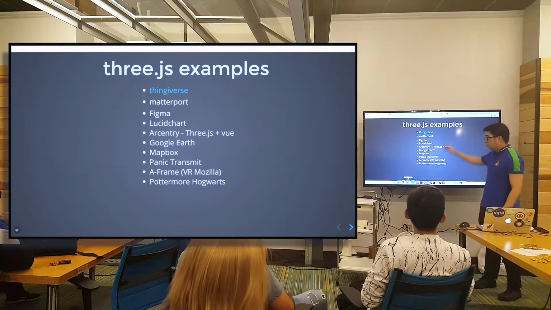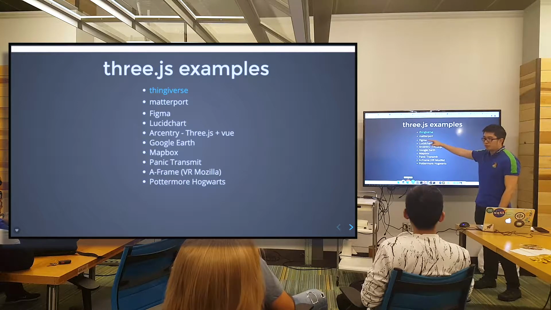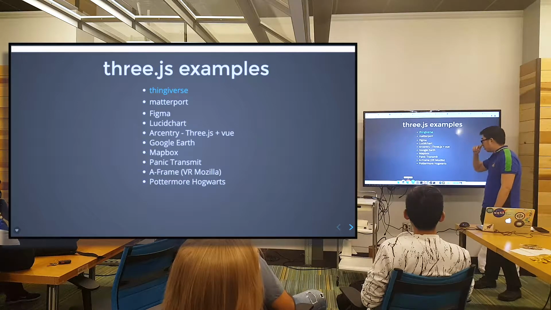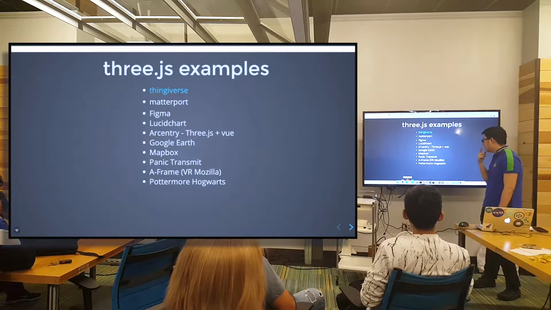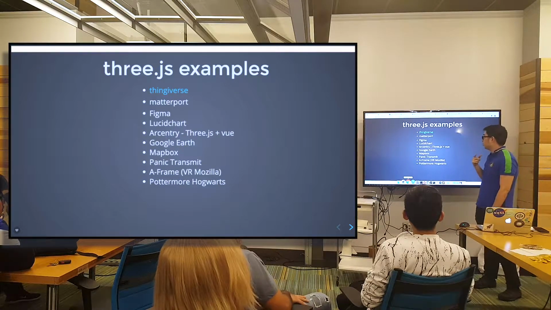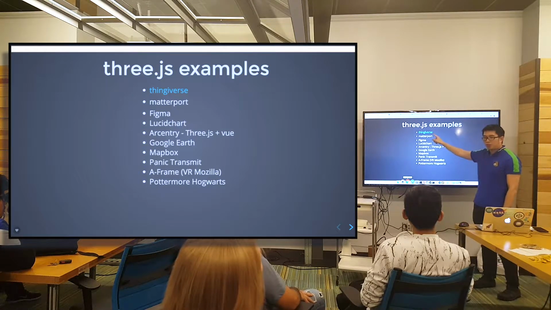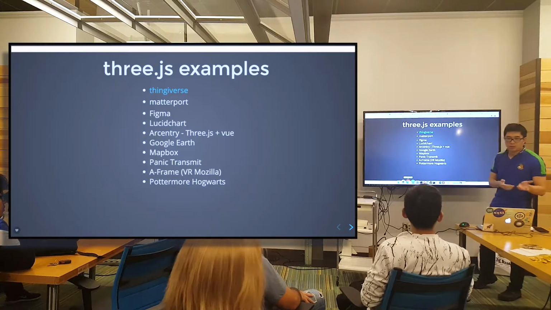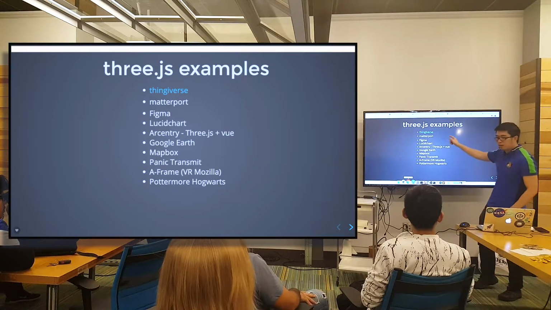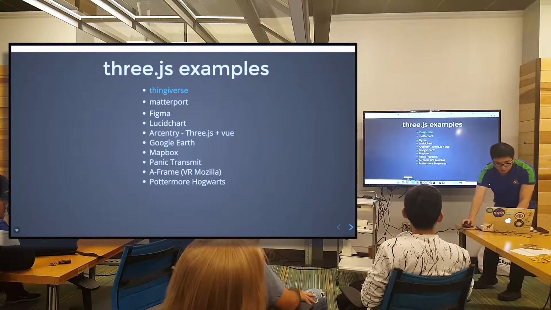But the one I showed earlier with the design platform, that's Figma. That's all based in WebGL. And also, if you use Google Earth at all, that's all WebGL. If you use Thingiverse, if you're into makerspace kind of things, and you're looking at 3D models to print off on your 3D printer, I don't know who actually does 3D printing, but let me just show you what that looks like actually.